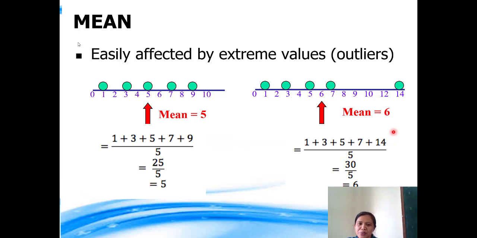So the mean value of the second diagram is much higher than the mean of the first diagram, because of our outlier, which is 14, because the last data we have here in the second diagram is much higher than the last data we have in the first diagram.